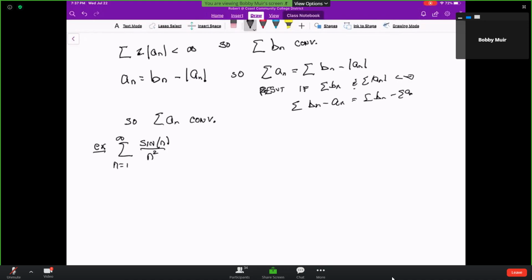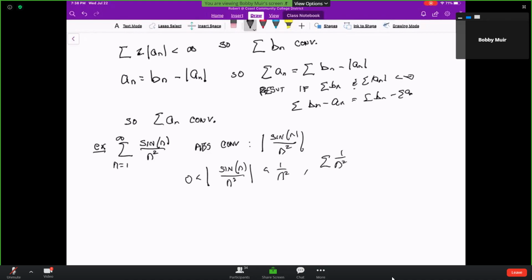But this thing is absolutely convergent, because the absolute value of sine n over n squared is bigger than 0, less than 1 over n squared.